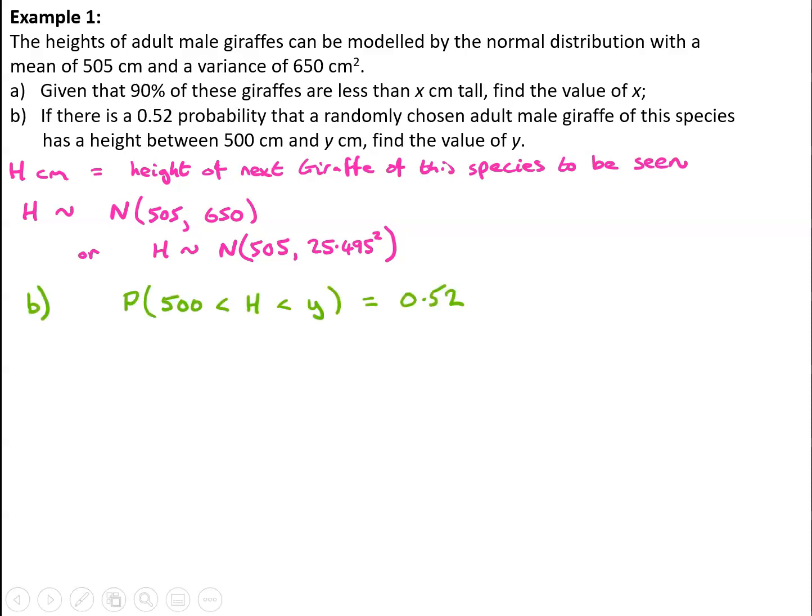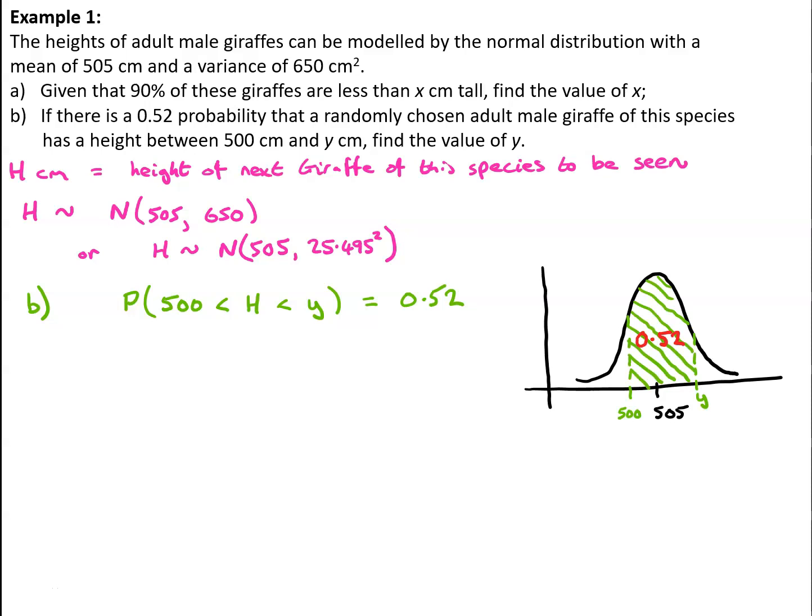So, we've got the probability that the height lies between 500 and y is 0.52. Representing that on a quick sketch diagram of our distribution, we've got the normal distribution with mean of 505, and the area between 500 and little y has got to be equal to 0.52.